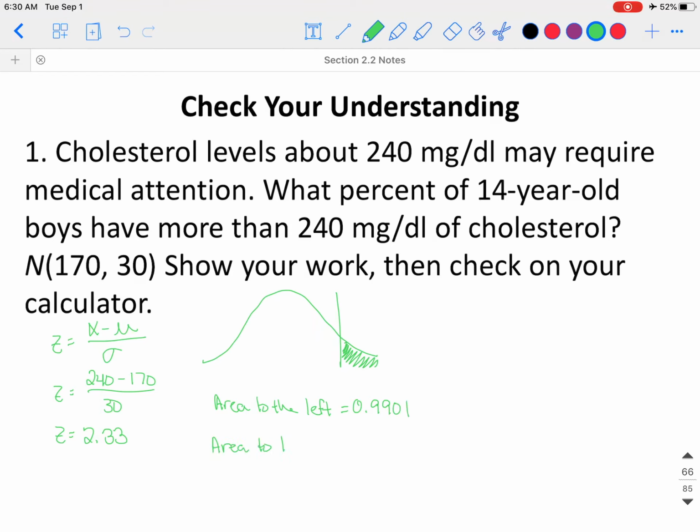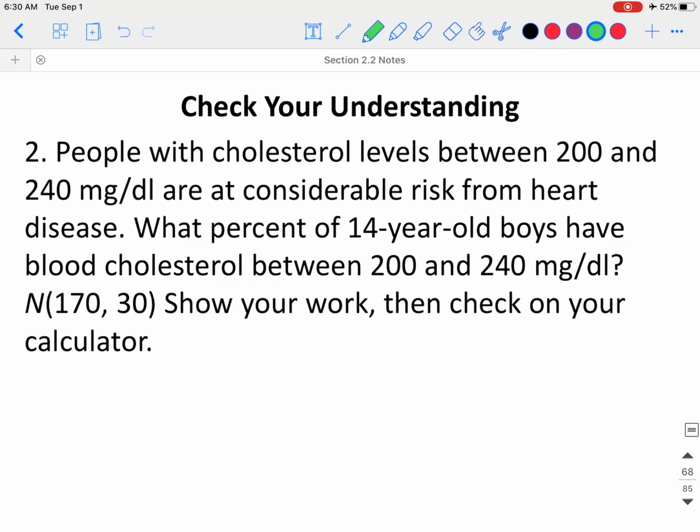To find the area to the right, remember you do 1 minus the area to the left, and this is going to give us 0.0099. Or we can say about 0.99% of 14-year-old boys require medical attention.